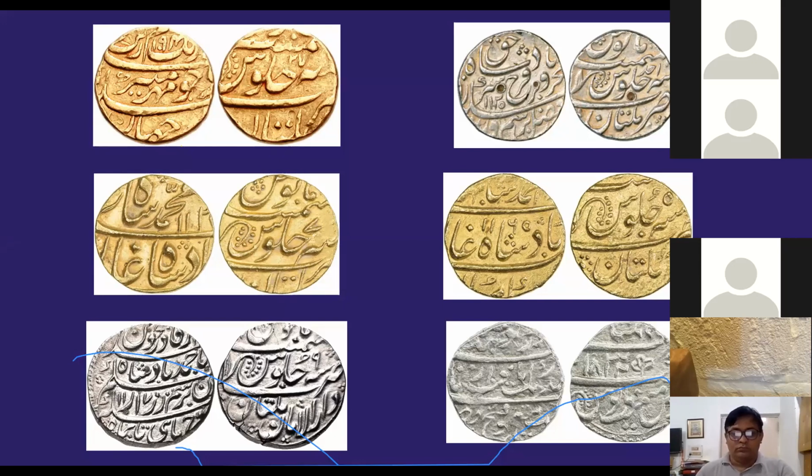But you see, although all of these coins were issued by different authorities, they have a similar kind of symbol. All of them have a very similar symbol appearing on them, and this is how the symbols start getting codified, because you know that this is not just a Mughal symbol. This is a mint-related symbol, and it appears on the coins of this mint irrespective of whoever has been the minting authority.